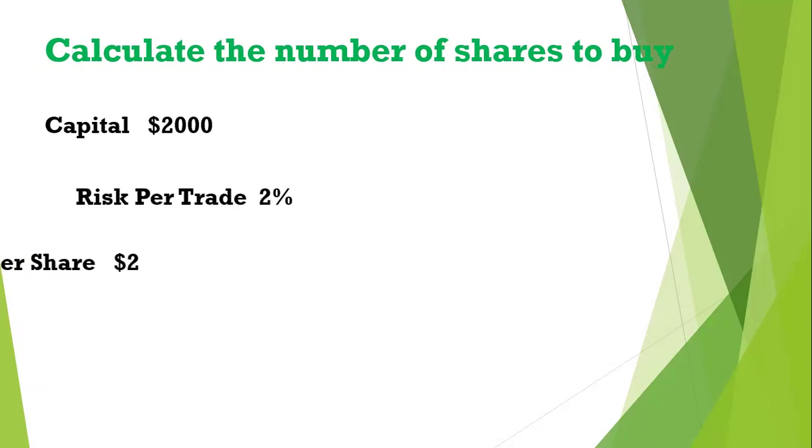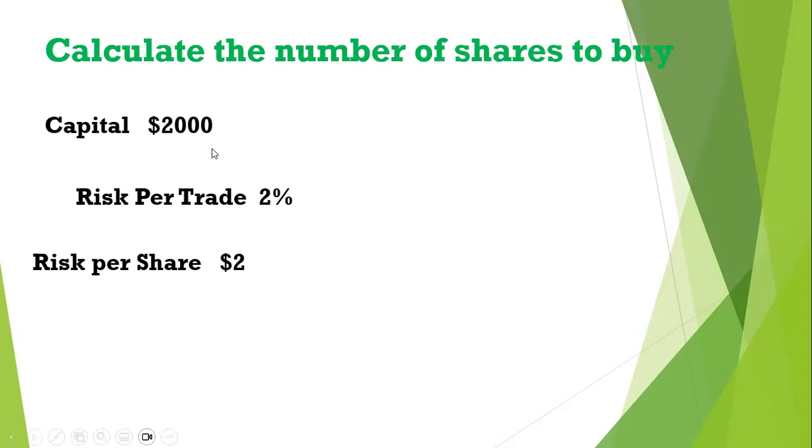You had already decided that the risk per trade will be 2%, and your capital is $2,000. Risk per trade is 2%, capital is $2,000.